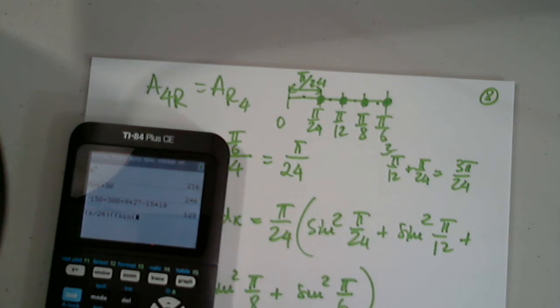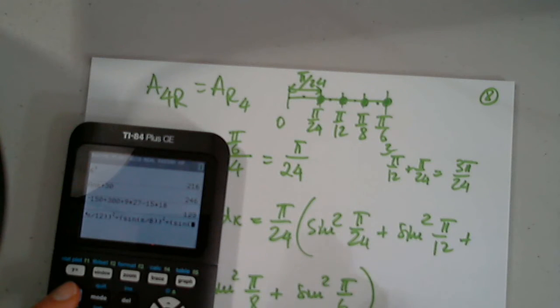So sine pi divided by 24, close the parenthesis and square, plus parenthesis, sine of pi divided by 12, close, squared, plus, open, sine of pi divided by 8, close, squared, plus, open, sine, pi over 6.